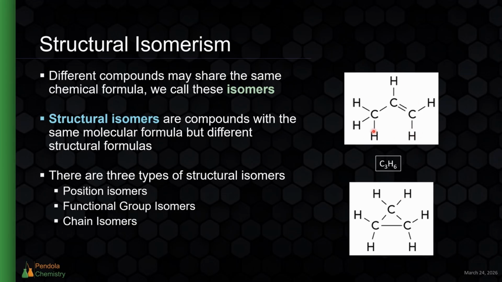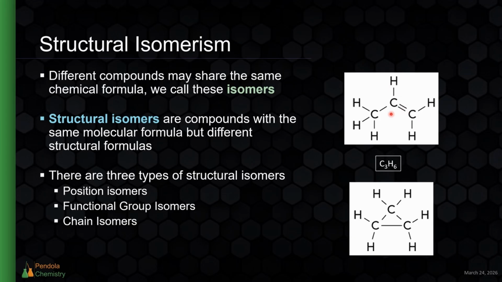At the top we have propene, with 3 carbons, so prop, double bond, propene. And at the bottom we have cyclopropane, a ring of 3 carbons, whereas propene is a linear unbranched hydrocarbon with a double bond, making it an alkene.